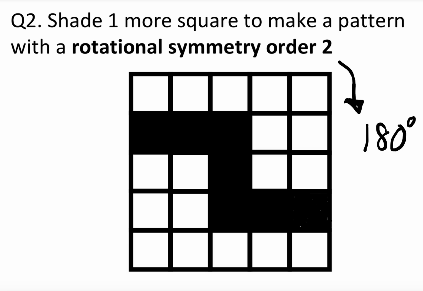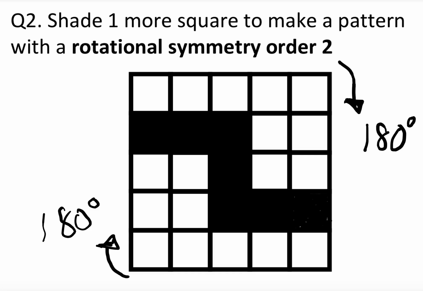And if we rotated it another 180, back, we would be back to where we started. So the order of symmetry for this would be 2, which is the answer to the question.